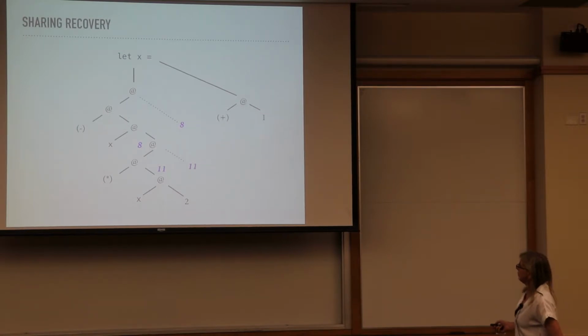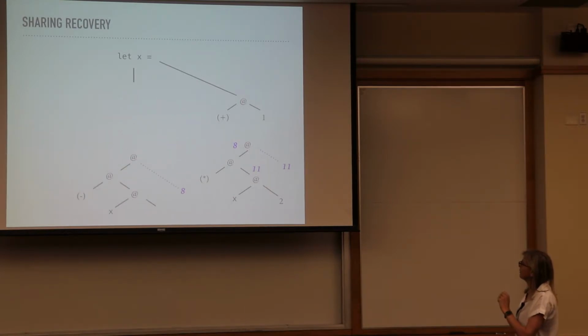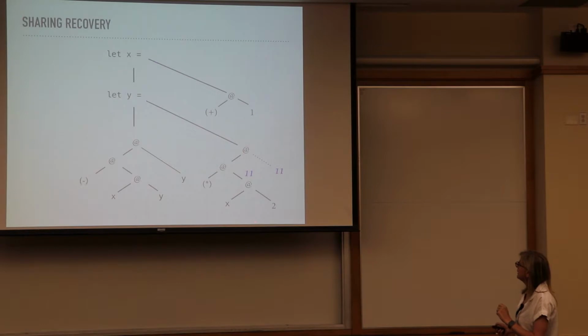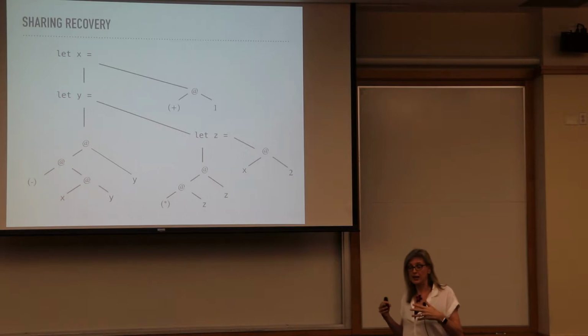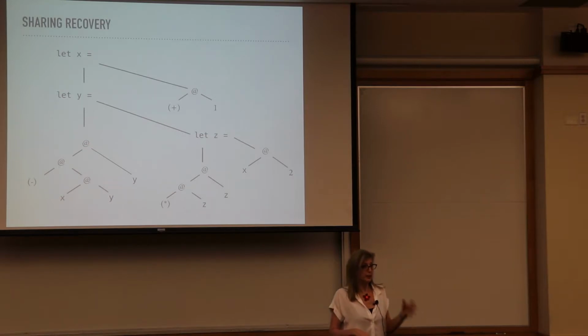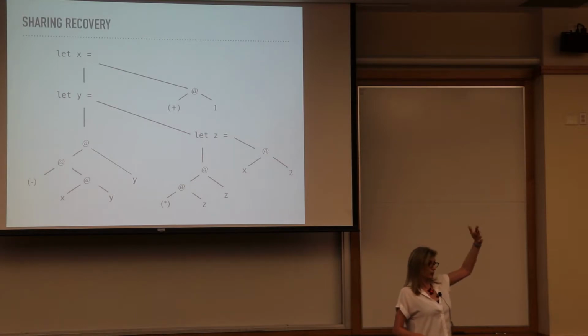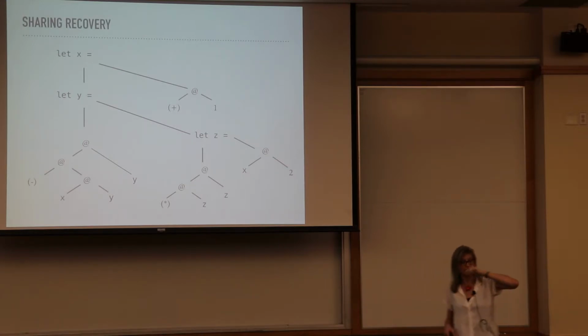Then we do the same thing for node number 8 and float it up here. The next tree is just used in this subtree, so it floats up to here. And now we've recovered a tree where we introduced the sharing that was there before in the host language.